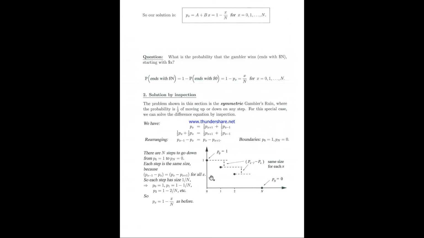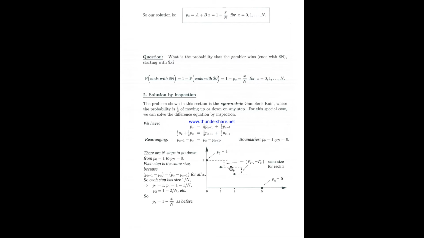In that case we know P0 is equal to 1. If you take P1, it is coming at this point, that is 1 minus this small distance, which is 1 over N, so P1 would be 1 minus 1 over N. And if you take P2, you have to subtract two distances from 1.